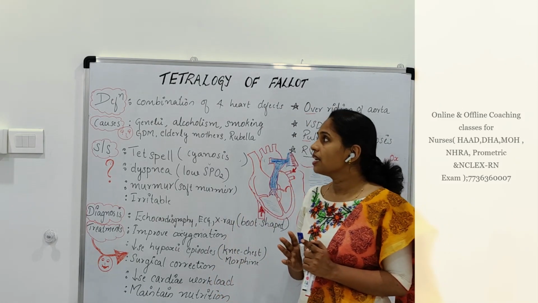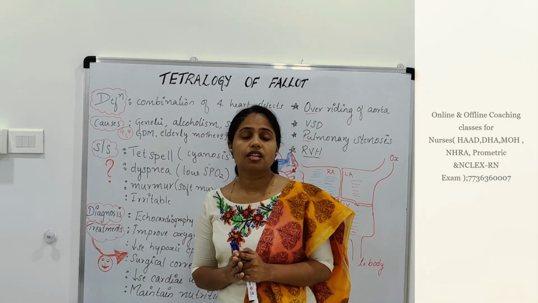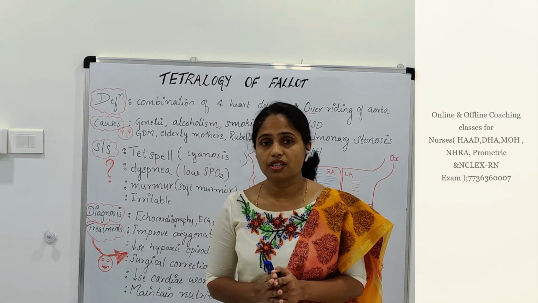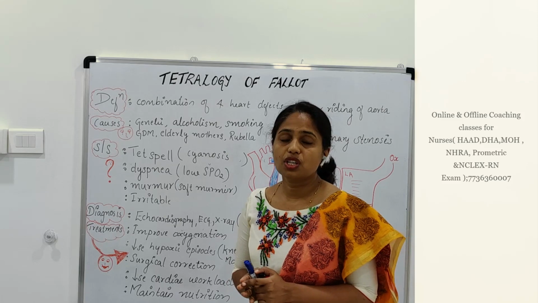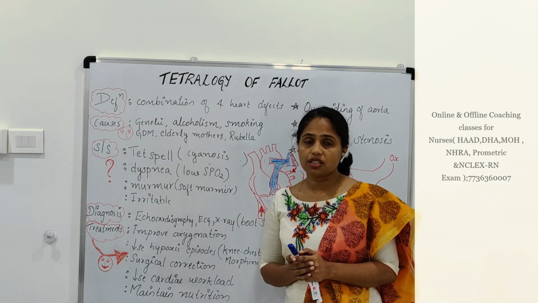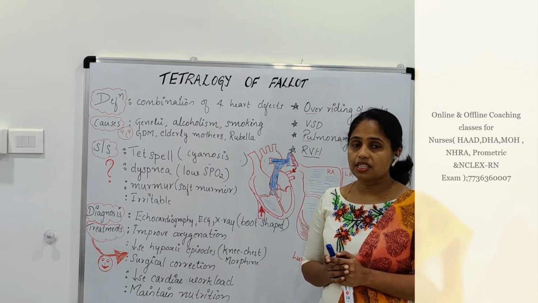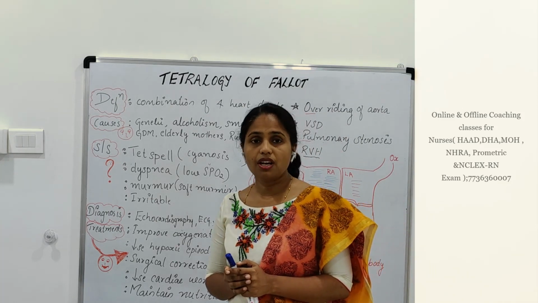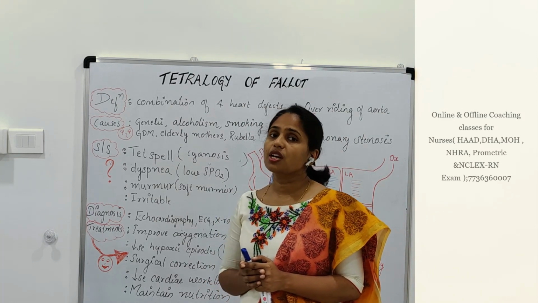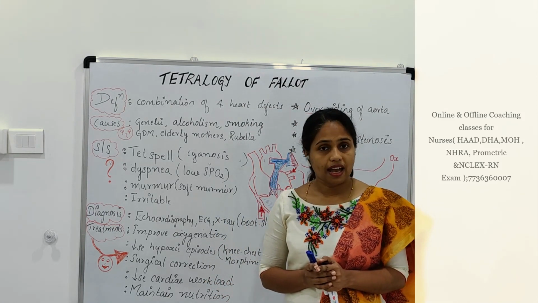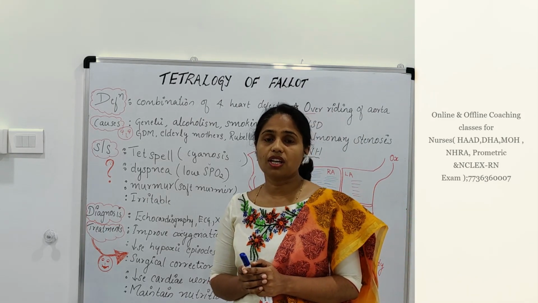I repeat, Tetralogy of Fallot is a congenital cyanotic heart disorder with a combination of 4 congenital cardiac defects such as overriding of aorta, ventricular septal defect, pulmonary stenosis and right ventricular hypertrophy.